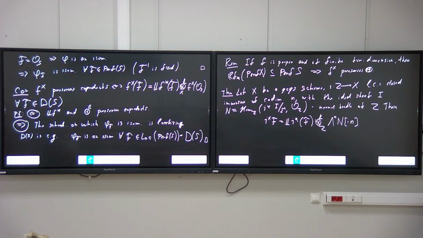Yeah, so the thing is that you can actually work out, if you just have a closed embedding, not necessarily local complete intersection, you can work out the formula for the I with the upper cross. And this formula is just something for the Hom, but I can't find this in my notes. So this is something like, you take just RHom from the structure sheaf of the Z into something.